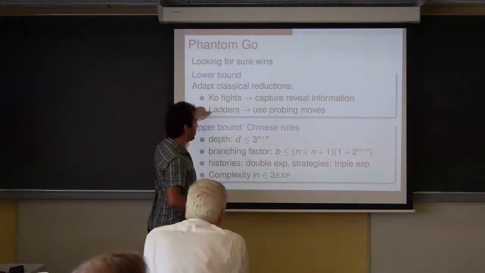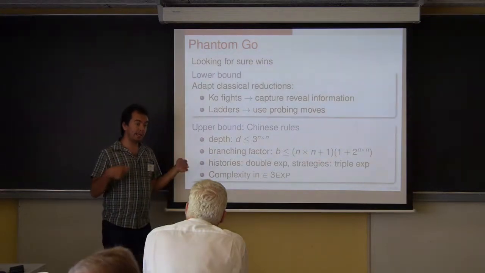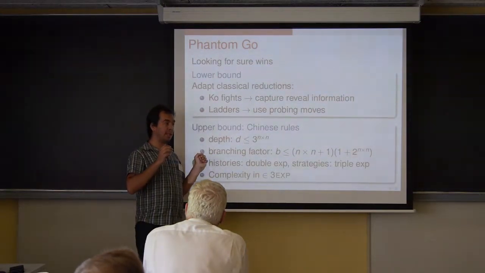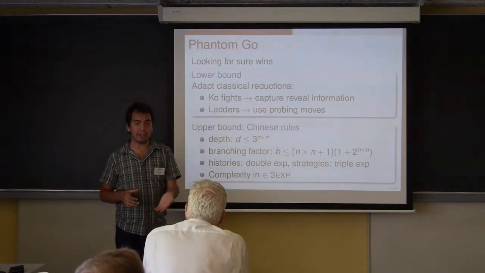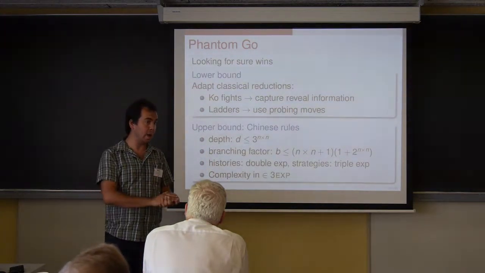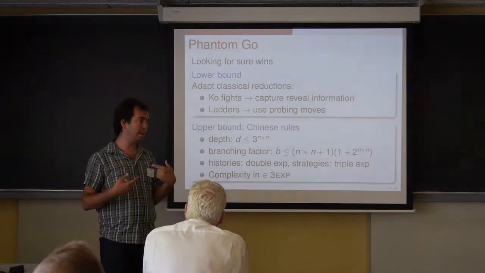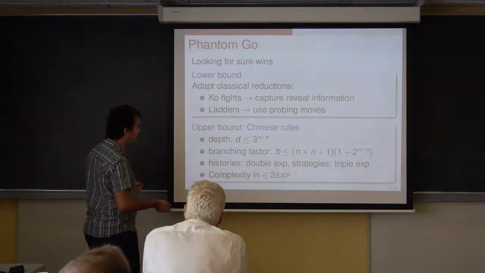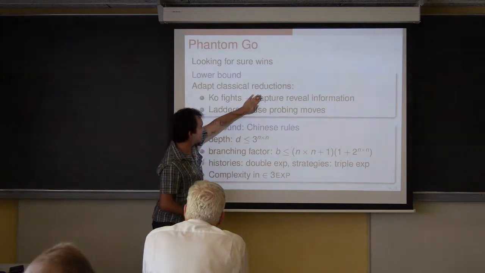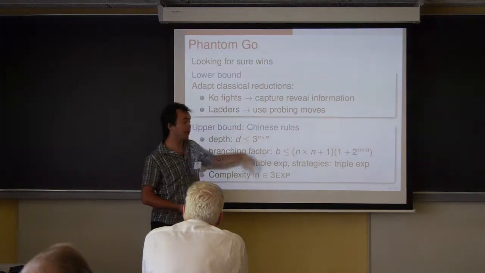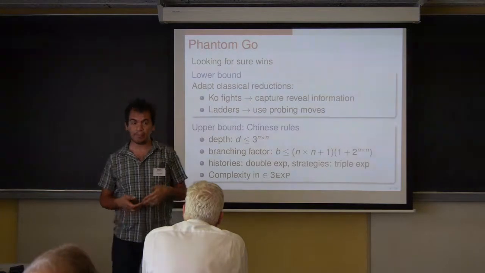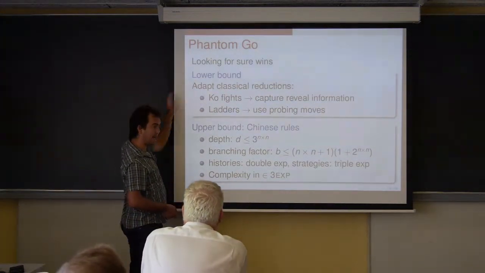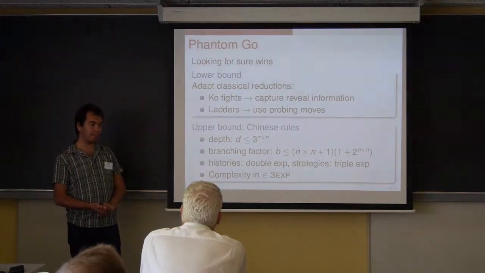Also, when you play out the ladders, there is a way in Phantom Go to play a probing move that you're going to win the ladder if it's legal. You're going to get information, with the referee telling you that it's illegal if it's not legal. And that way, with those captures and those probing moves, you get all the information you need. That way, we can show that the problem is as hard as in the perfect information variant.